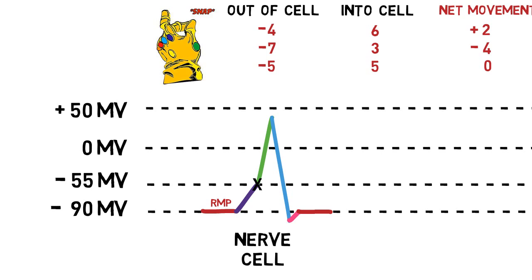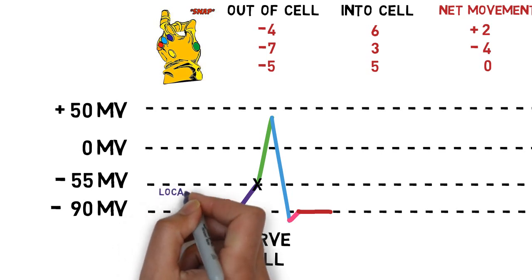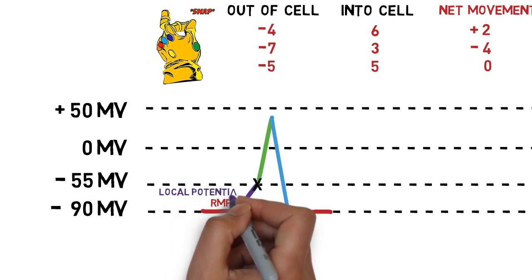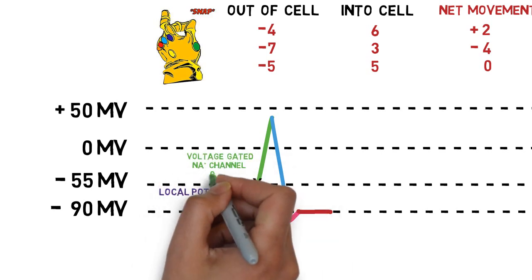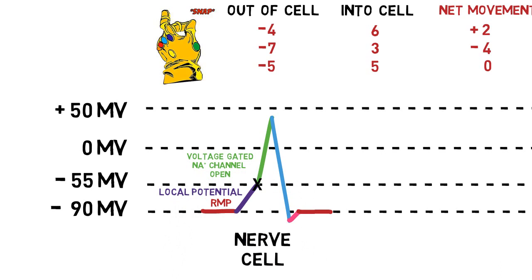Let's call this the local potential. If there is enough sodium entry that the membrane reaches negative 55 millivolts, the voltage-gated sodium channel will open and allow massive sodium influx. But if there is not enough change in the millivolts, the sodium voltage-gated channel will not open. This is also called the all or none response.